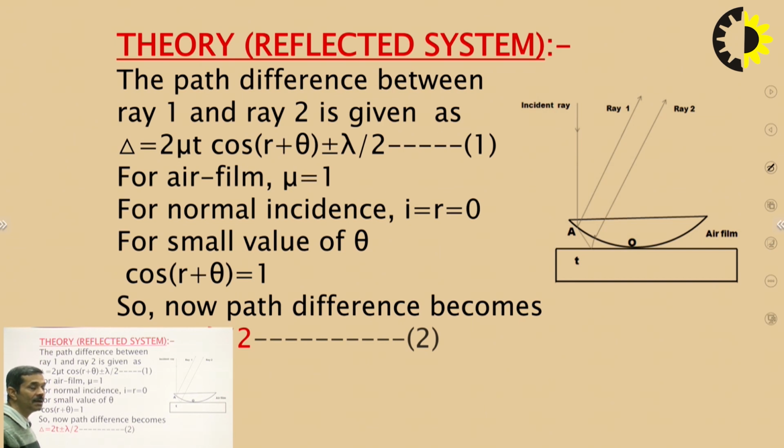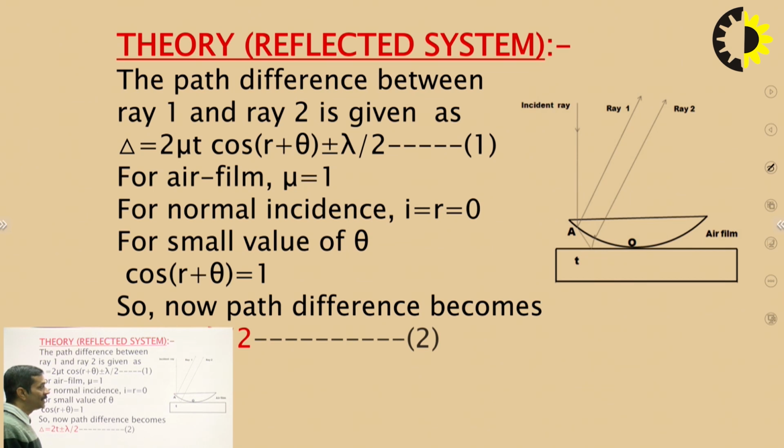Reflected system means the rays reflected from the film, that means the lower and upper surface of the thin film. The formation of Newton's rings, or the interference pattern, depends upon the phase difference and path difference between the reflected rays.